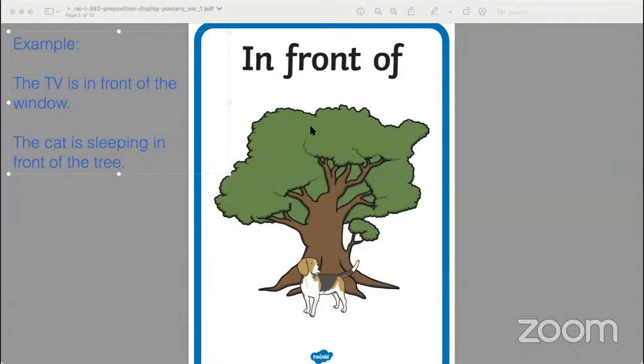The car is in front of the cottage. Good. So we've got one. Good. Any more using the word in front of?